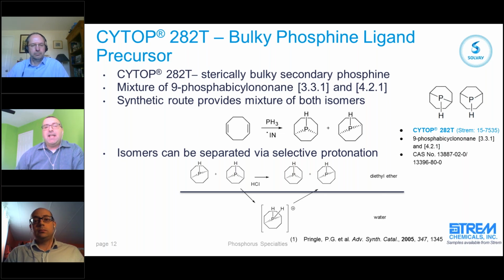Those are based upon how the phosphine adds across those two double bonds in the radical process. We sell this product through Strem as a mixture of isomers, Cytop 282T. Recently, Paul Pringle published a report on the separation of those isomers using selective protonation, which is just another example of how the chemistry of phosphorus can be refined to meet the needs of the application.